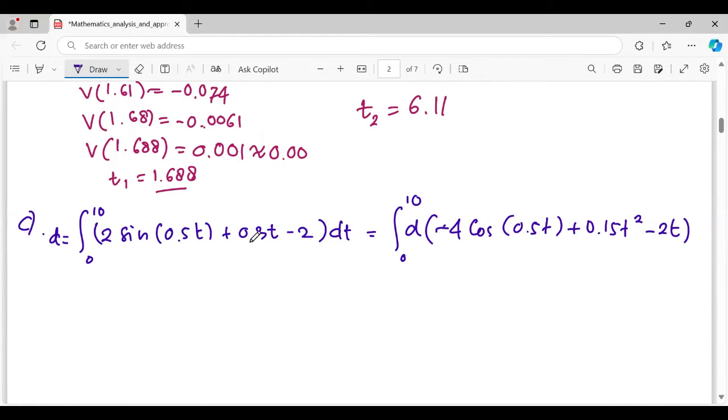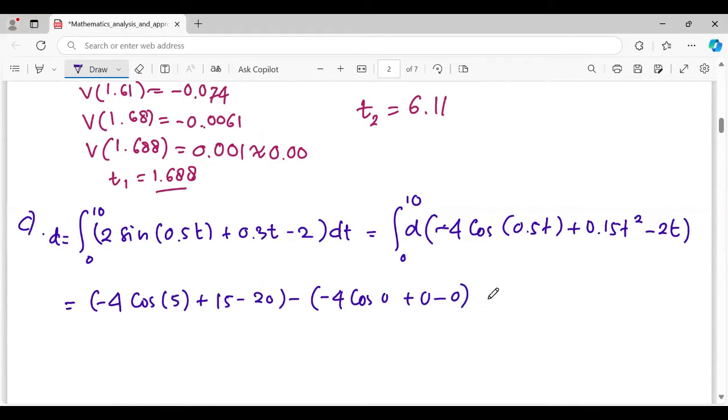This is the integral of this expression. And then after that, substitute 10 and 0 into this expression, and we can get the calculation like this: minus 4 cosine 5, because 0.5 times 10, plus 15 minus 20, minus minus 4 cosine 0 plus 0 minus 0.